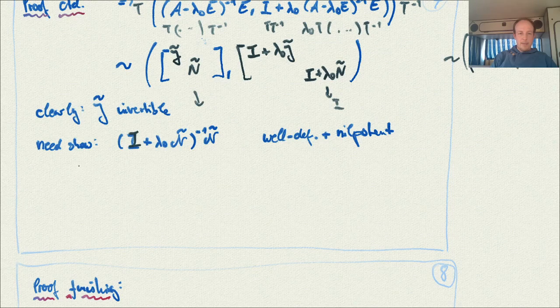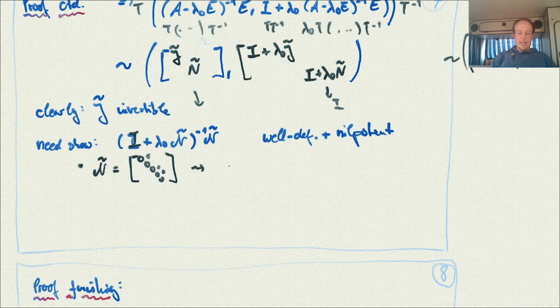For that, first we observe that it looks like such a matrix, only zeros and maybe things here, depending on the size of the blocks.